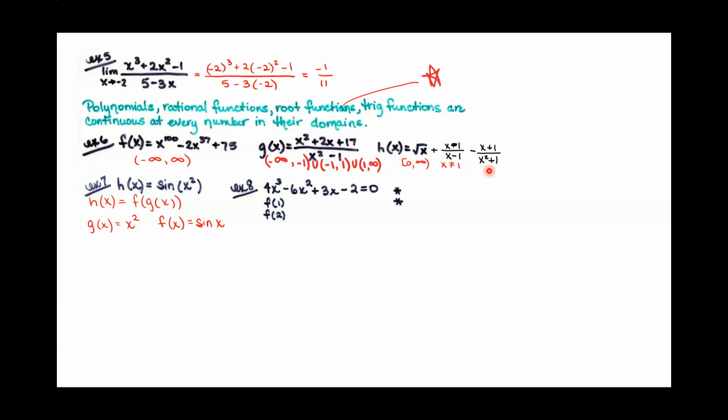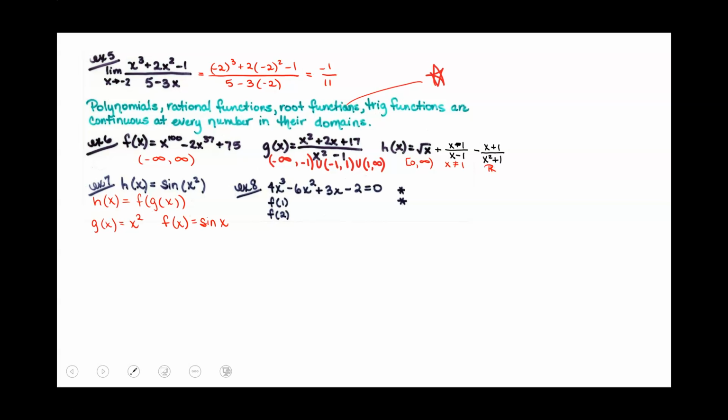So that means that its domain is all real numbers. We would only need to exclude imaginaries. Okay, so now I need to put all three of these pieces together because, again, h of x is only continuous where all three of these are continuous. So basically, I need to state from 0 to infinity excluding 1.